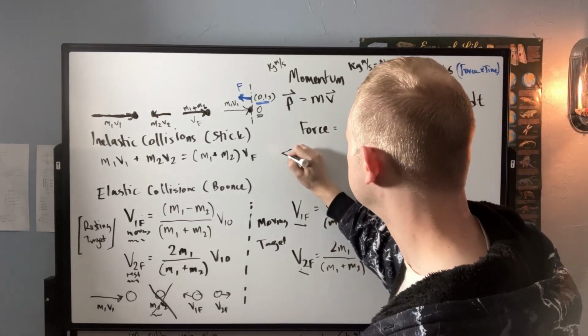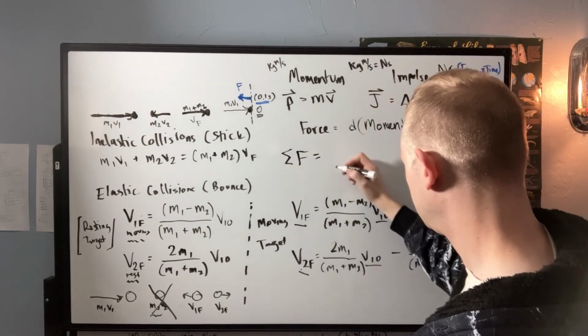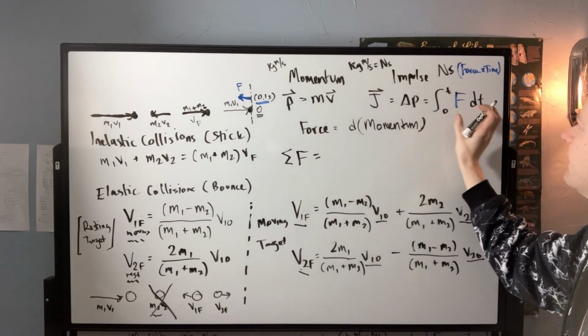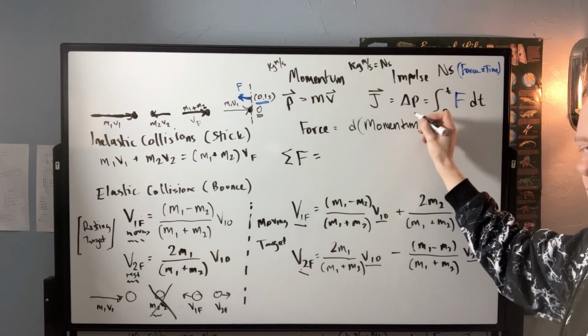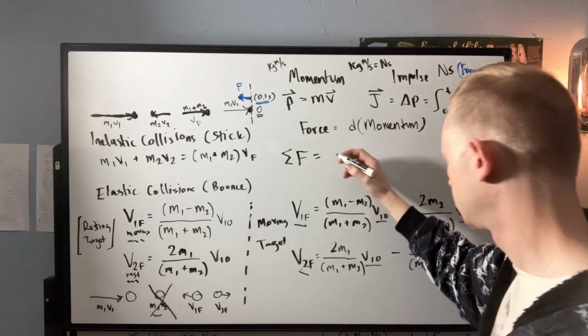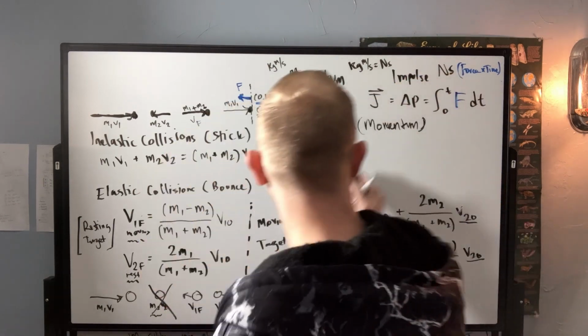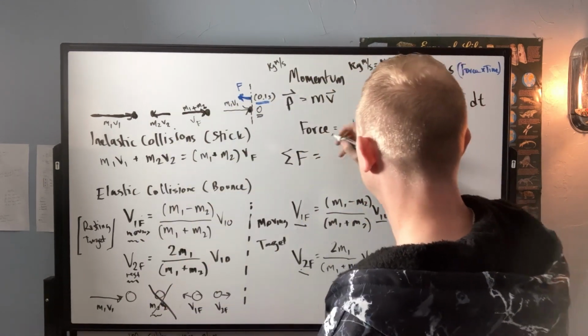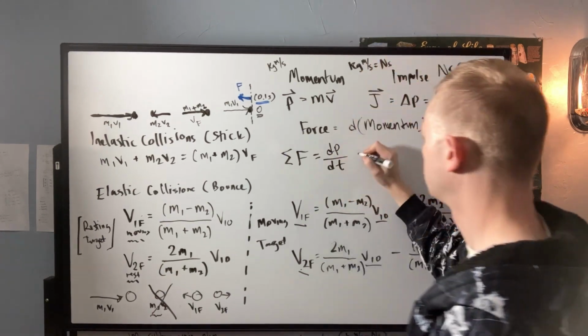We can denote that the total net force is equal to, if we divide both sides by time, the change of momentum divided by time. That's essentially saying dp over dt.